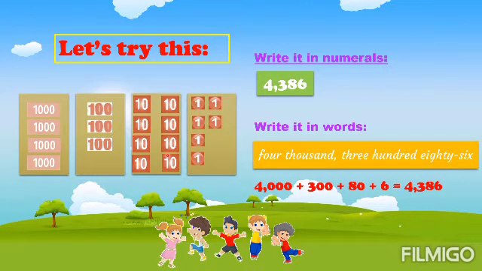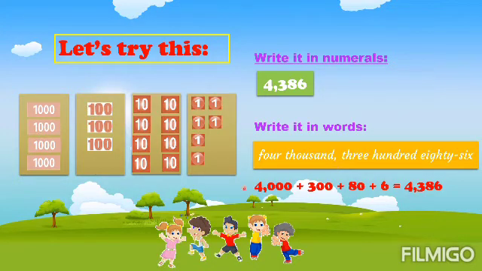Let's count all together. 10, 20, 30, 40, 50, 60, 70, 80. So that is 80, and that is also correct. So plus 6, and this 6 also came from here in the last picture. We have 1, 2, 3, 4, 5, 6, and that is correct.